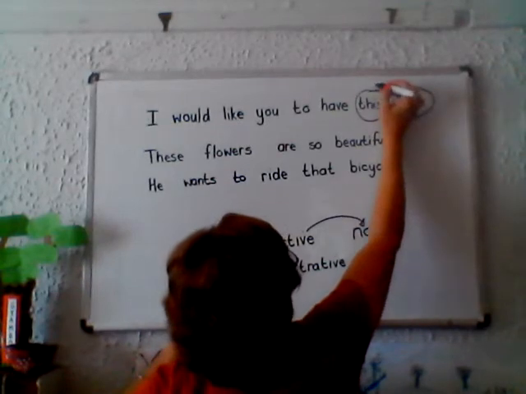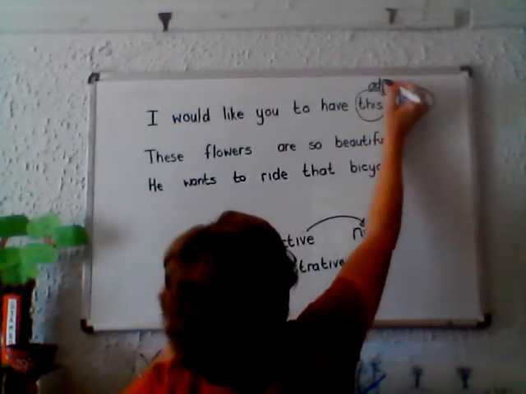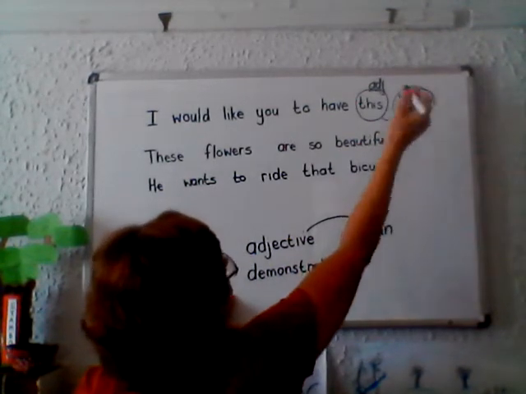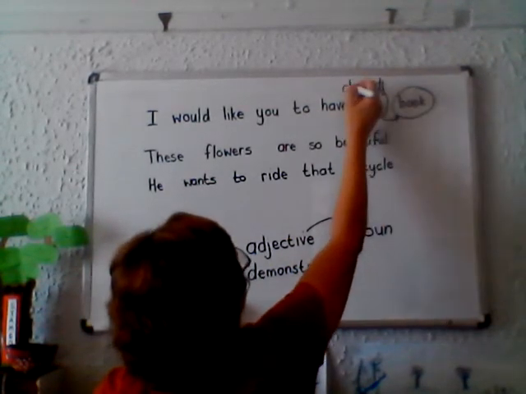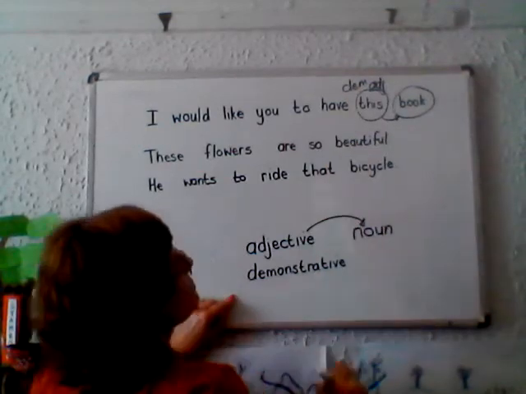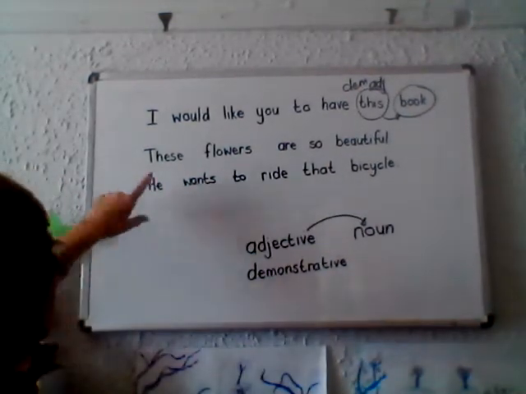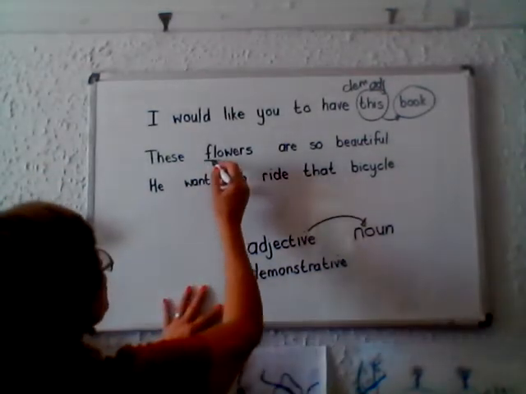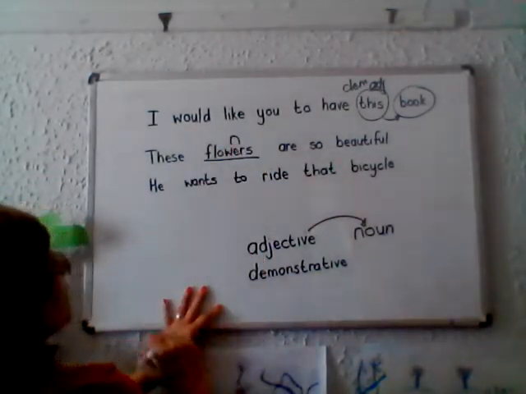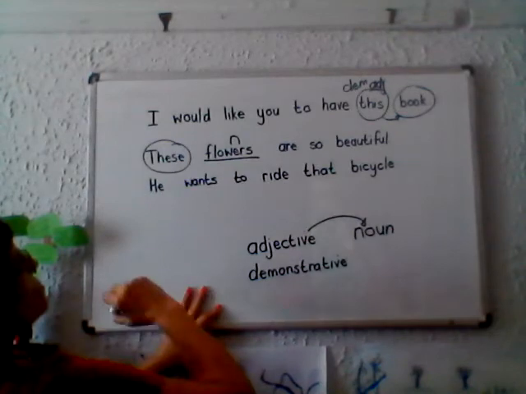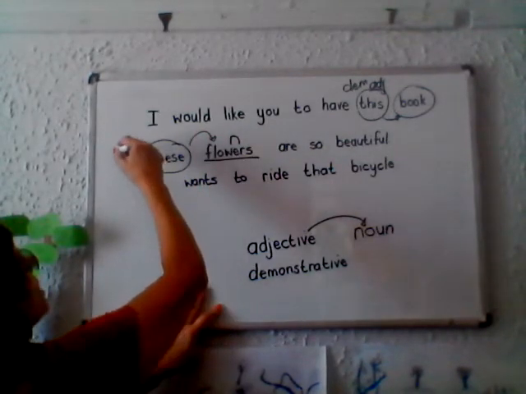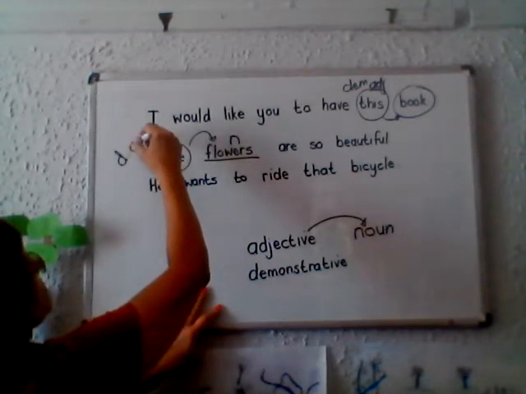It demonstrates what book? That book, this book. So it's a demonstrative adjective. Now, these flowers are so beautiful. Where is your noun? Flowers. And these describes what flowers we're talking about. So this will be your demonstrative adjective.